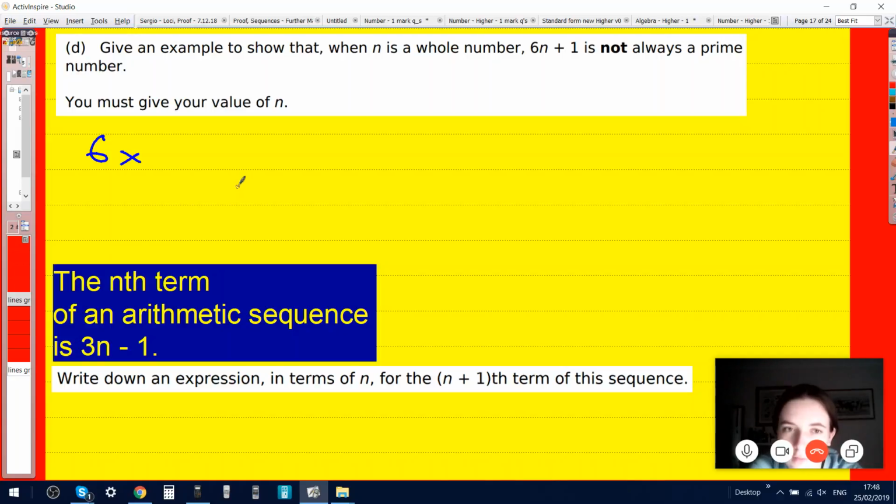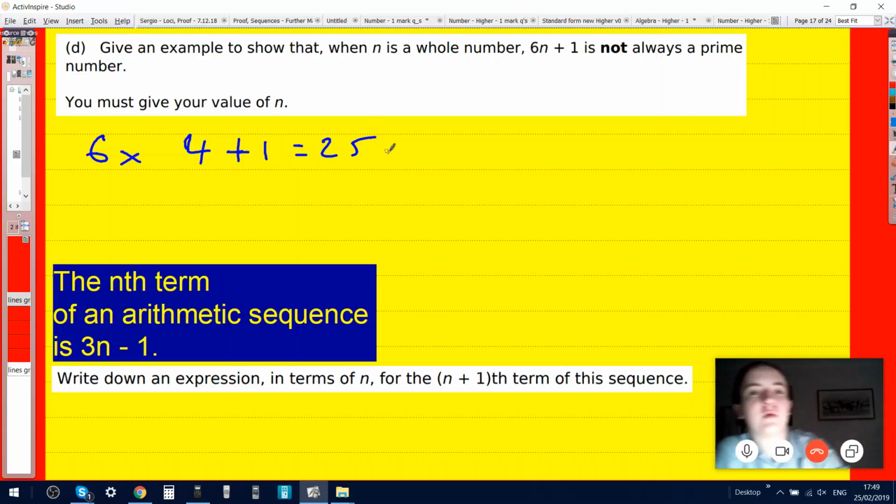Did you try times 3? Yeah. Did you try times 4? Oh, it's a prime number. Oh, I'm stupid. Oh yeah, so it's 6 times 4 is 24. Plus 1 is 25. And why is 25 not prime? Because it's divisible by 5. Yeah.